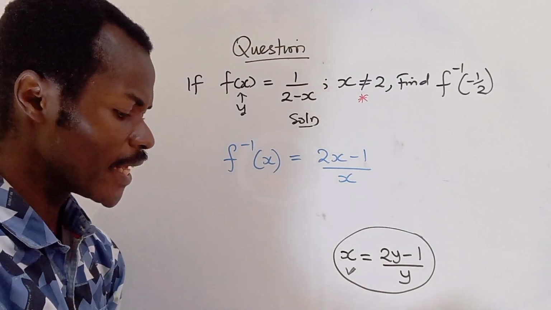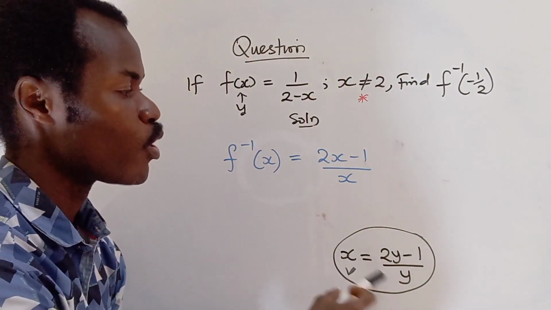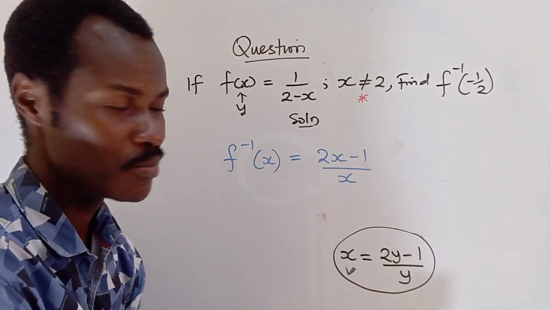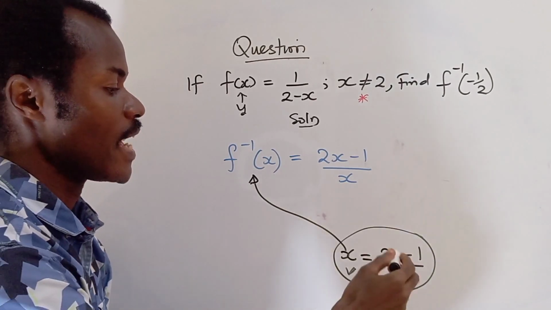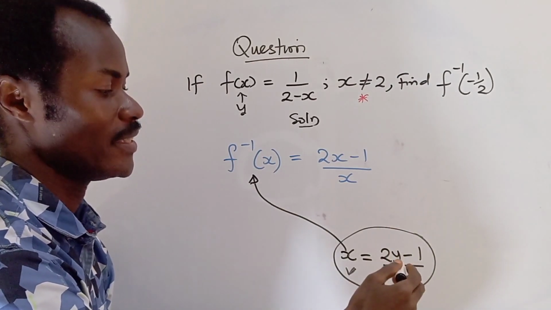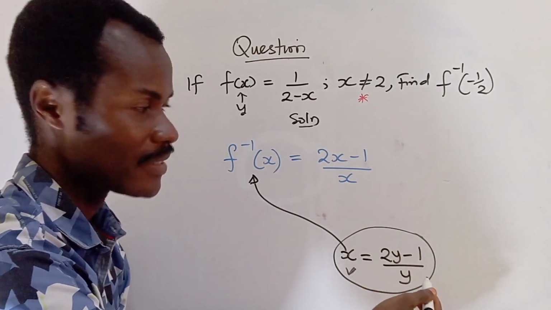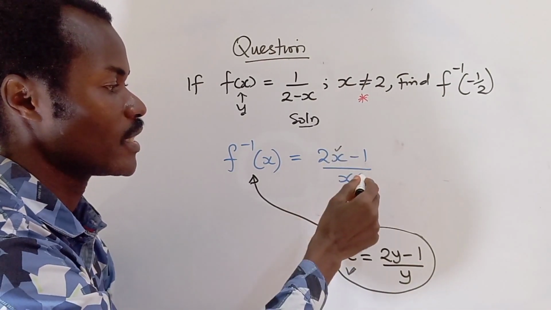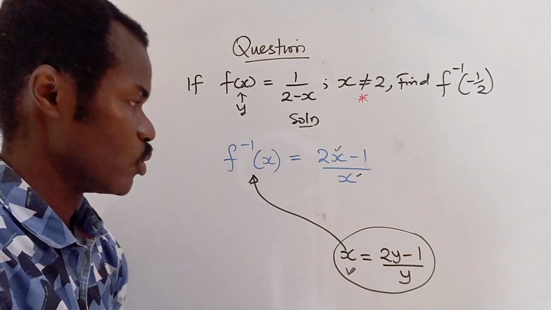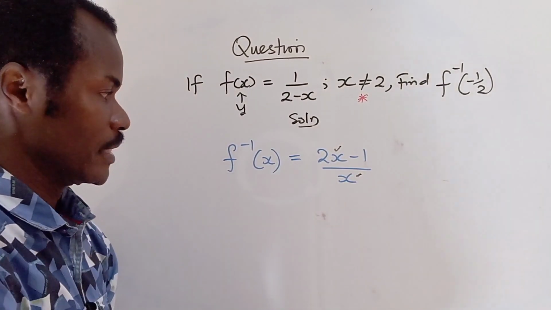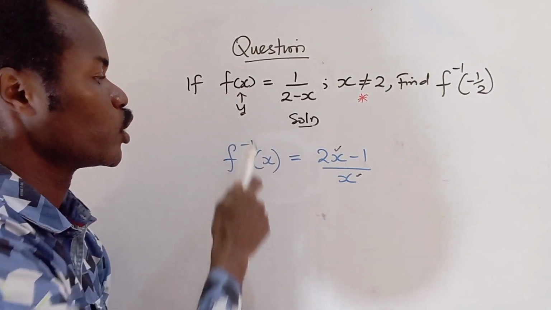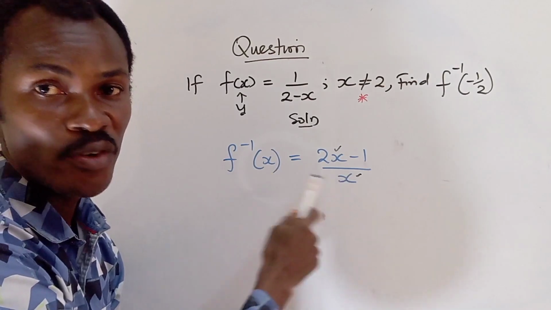So whenever you solve to this point where you have made x the subject, all you need to do is replace this with this, and all the values of y on the right hand side, you replace them with x. Once you do that, you will be able to develop the given function into an inverse function.